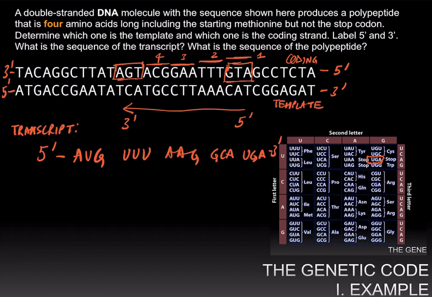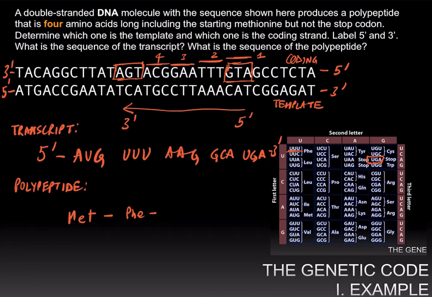And finally, the polypeptide sequence can be written down by just using the table. The first one we know is methionine, because that's the start codon, and then we have to look up what UUU is, and that's phenylalanine.